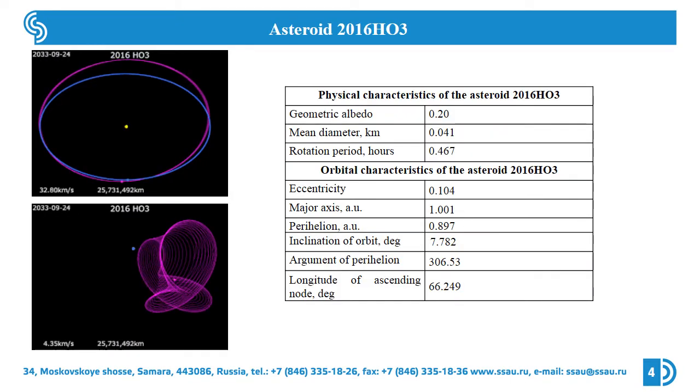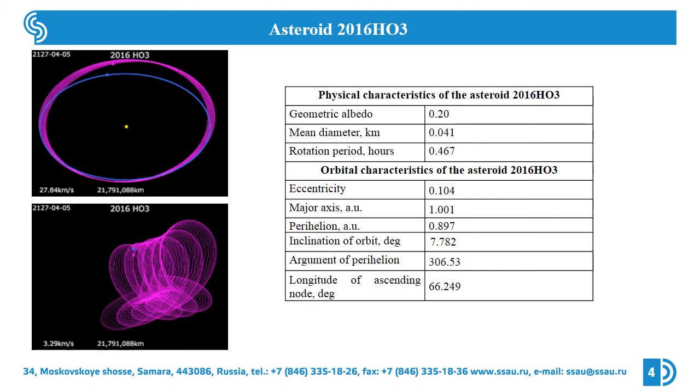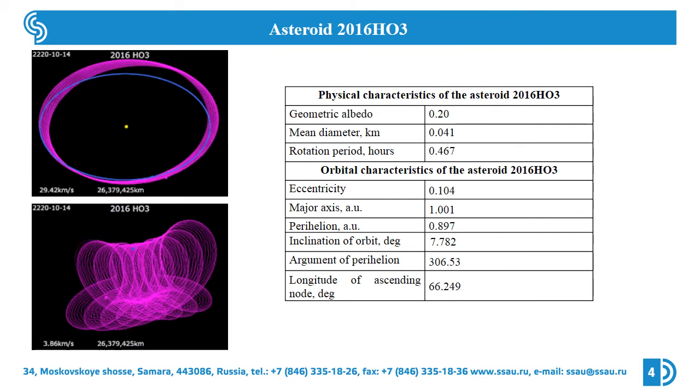This slide presents characteristics of the asteroid 2016 HO3. This asteroid's diameter doesn't exceed 100 meters.